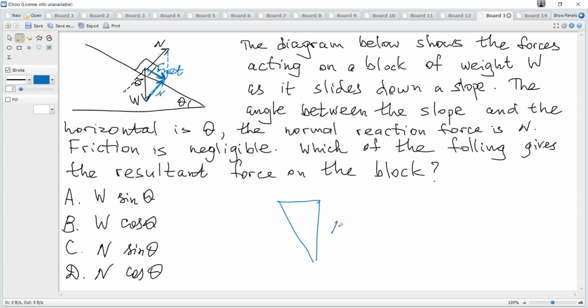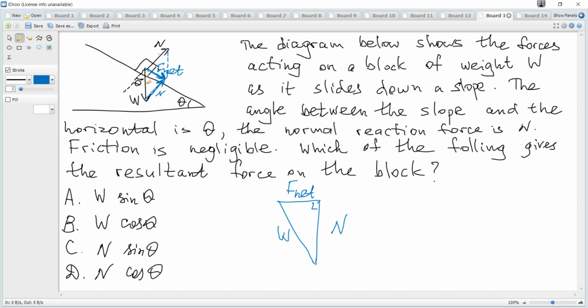So it's the magnitude of N, and the magnitude of F net, which is required, and its magnitude is W. Notice that N is perpendicular to the slope, and F net is in the direction of the slope, hence it's perpendicular to N. So this angle is 90 degrees. We can consider a right angle triangle, and we need this angle theta.